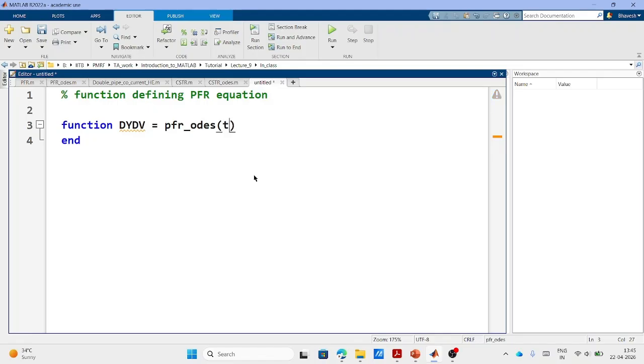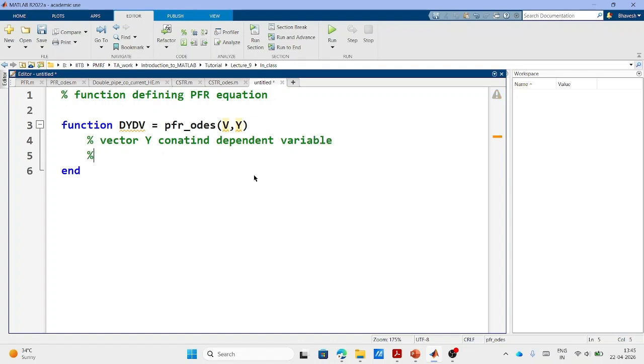So the first input parameter is obviously your volume, the independent variable. Then your dependent variable, I am calling it vector y, right? So what will vector y have? Vector y contains the dependent variables.